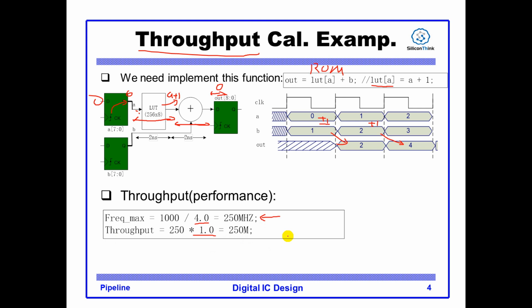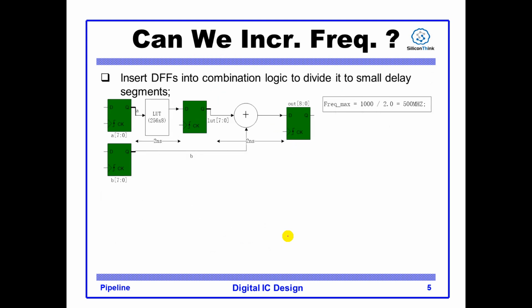Okay, that is simple. Can we use some method to increase the throughput? Such as, can we increase the clock frequency? If you want to increase the clock frequency, you have to make the combinational logic delay smaller.